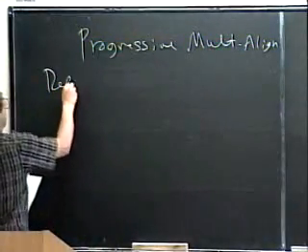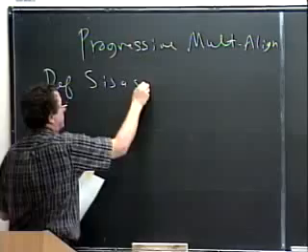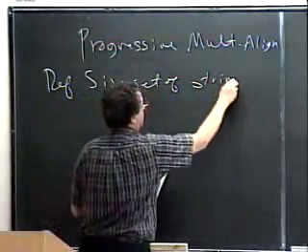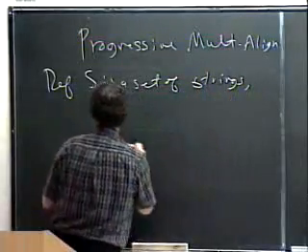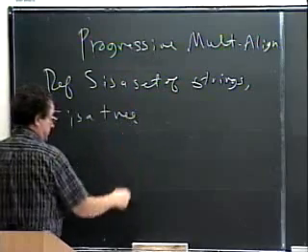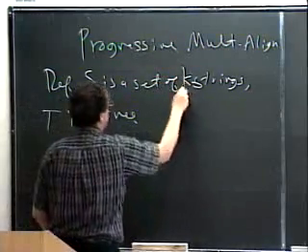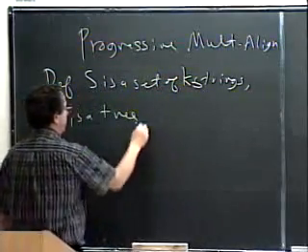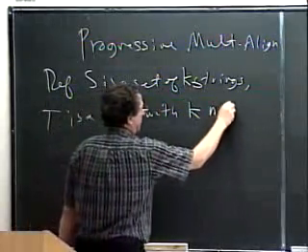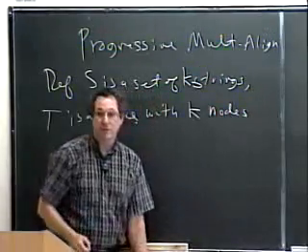We had a definition. S is a set of strings, and T is a tree. I think I said there were K strings. T is a tree with exactly K nodes. Node is another word for point.